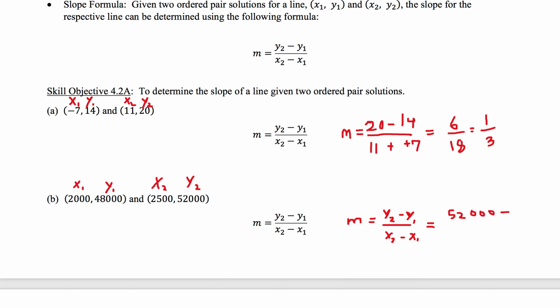In place of the y1, I'm going to have 48,000. All right, on the bottom for the x2, we're going to put in 2,500.